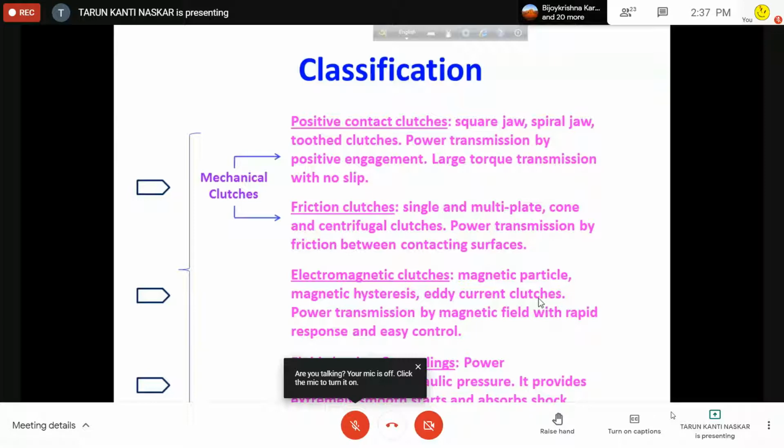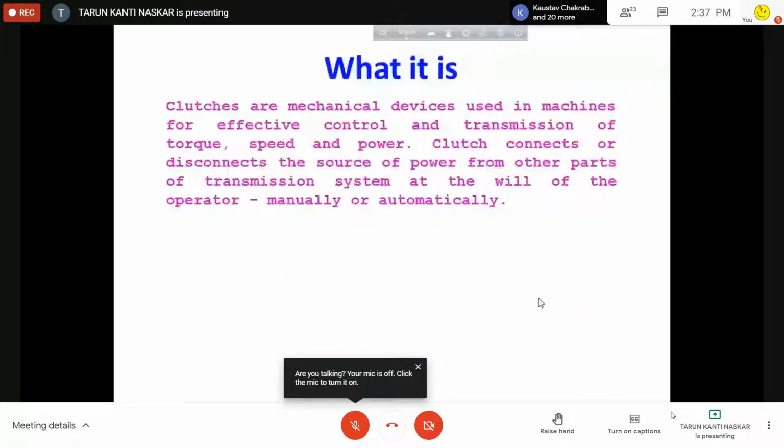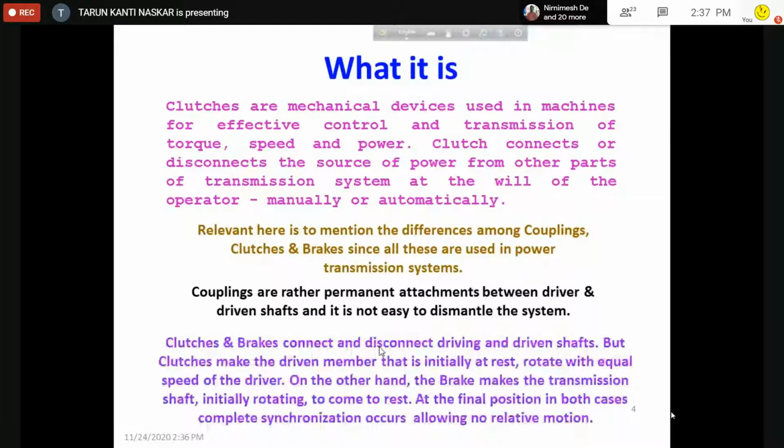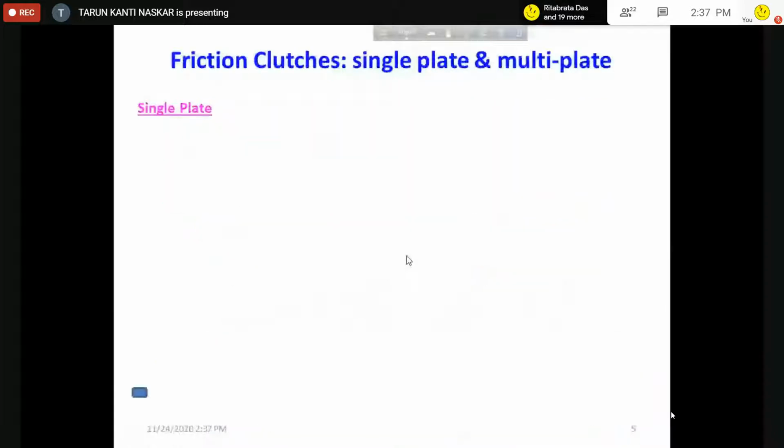And we also mentioned the differences among coupling, clutch and brake. These things we discussed yesterday.